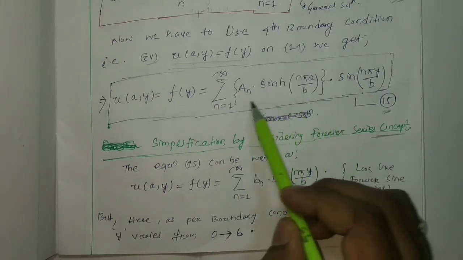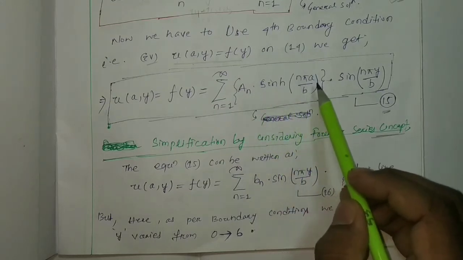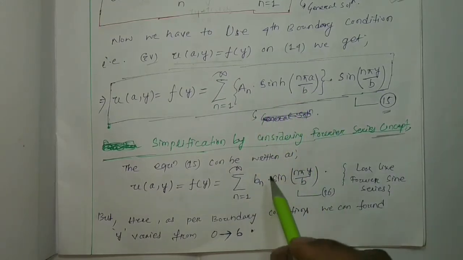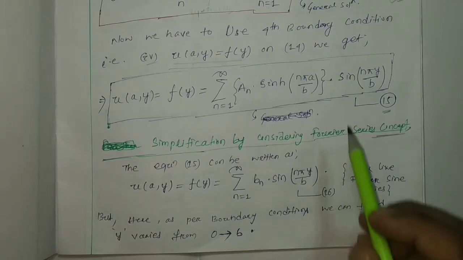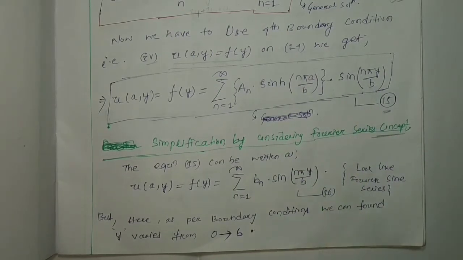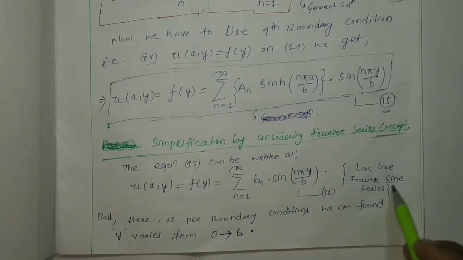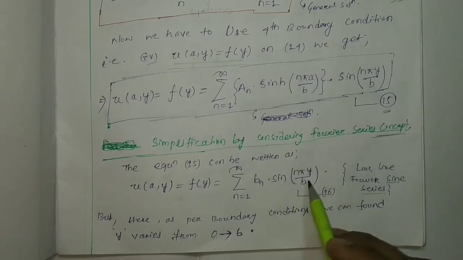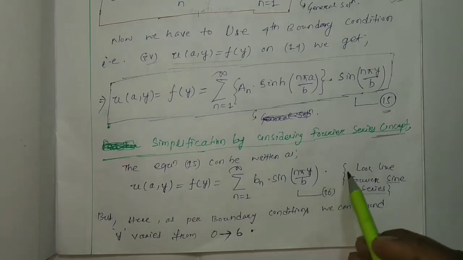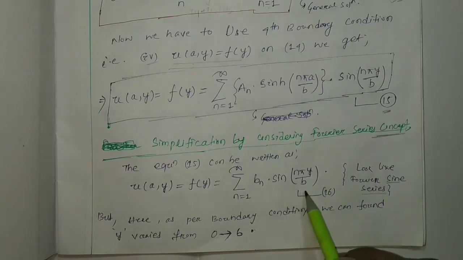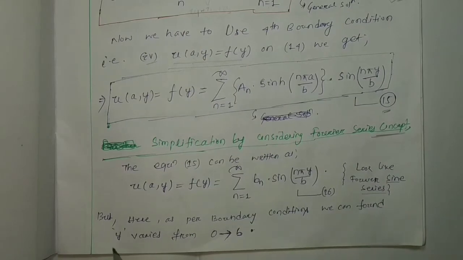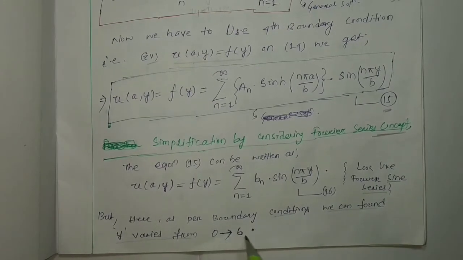This is a constant: a_n sinh(n pi a by b) is considered as b_n. Let this be your equation number 16. You can see that this looks like your Fourier sine series, right? Only sine terms are there: b1 sin(pi y by b) plus b2, like that. But as per the boundary condition, we find y varies from 0 to b.